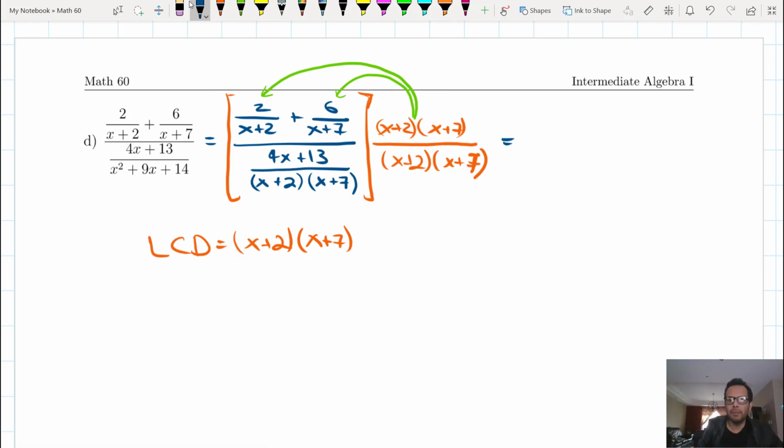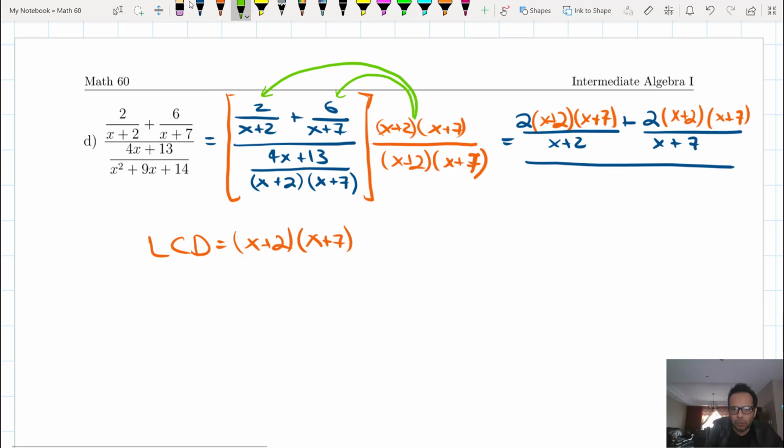So, okay, again, I'm going to keep the same color coding, right? 2 times the quantity x plus 2 times x minus 7, divided by x plus 2, plus the quantity 2 times x plus 2, x not minus 7, rather this is a plus 7, x plus 7, and divided by the quantity x plus 7.